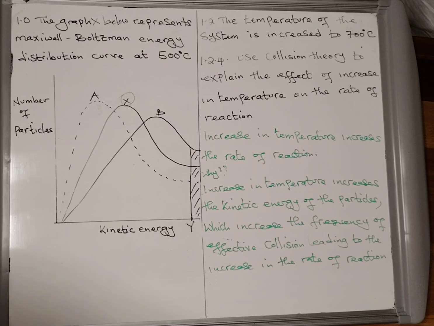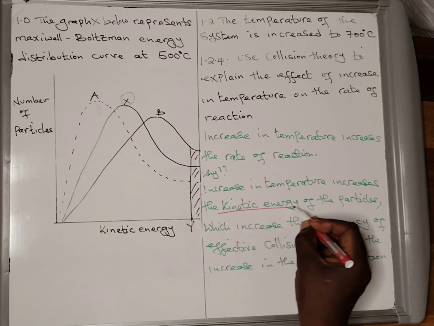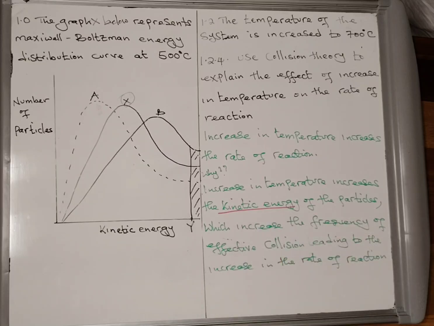That one is very important. The keyword here is this one, kinetic energy of the particles, which increases the frequency of effective collision, leading to increase in the rate of reaction. So technically, this is what you're supposed to know.